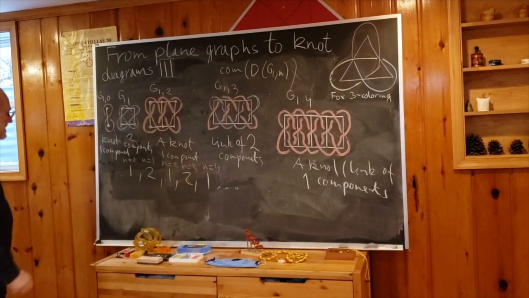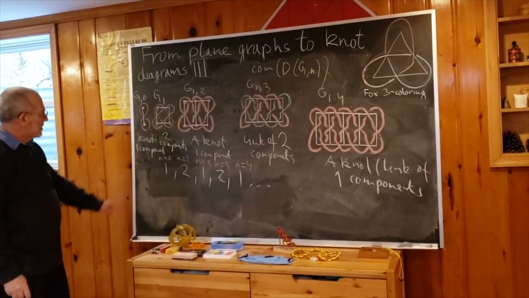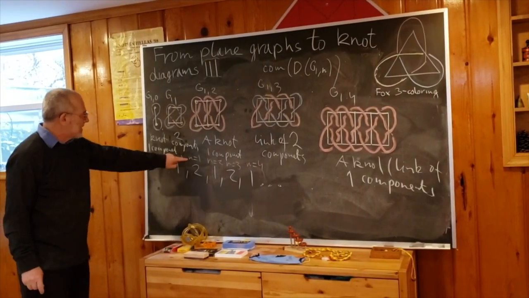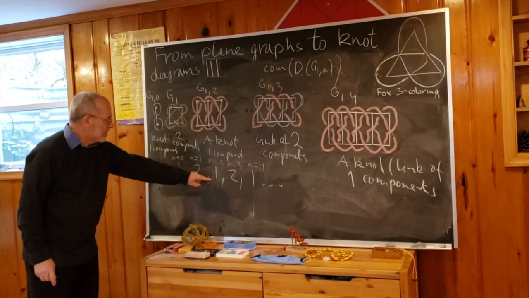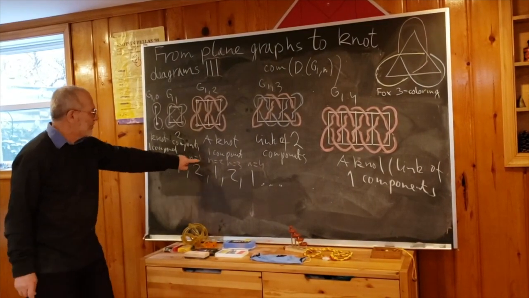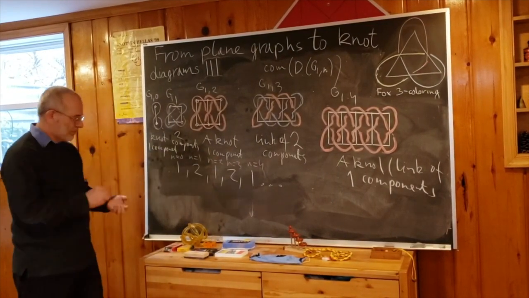So we can see that for n even, it is a knot, and for n odd, it has two components.